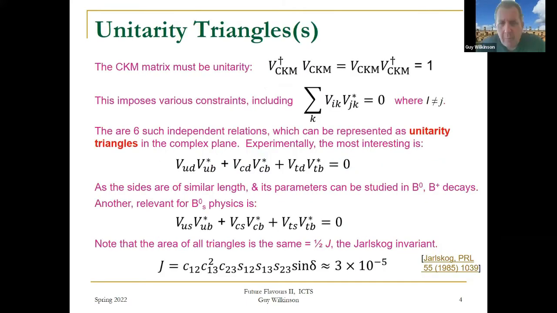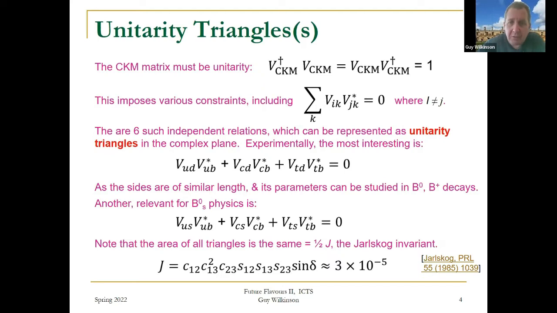I'll start with some slides of more general introduction. Given what you know and given what you've heard in the lectures so far, this will be familiar stuff, but I include the slides for reference. Firstly, working towards the unitarity triangle, we know the CKM matrix must be unitary.